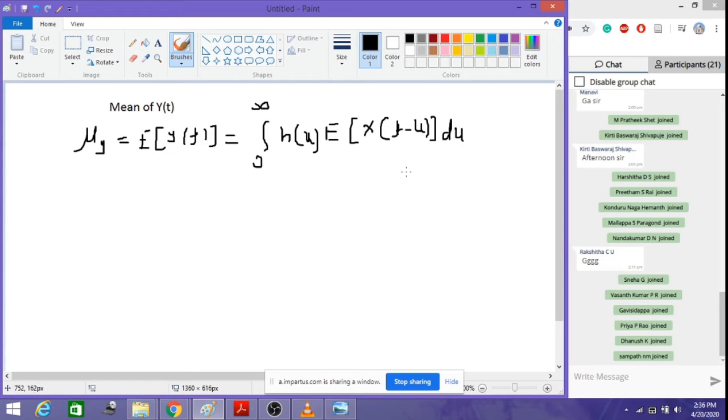Remember one thing: here expectation is only applicable for the random process, it is not applicable for any other sequence or any other signal.